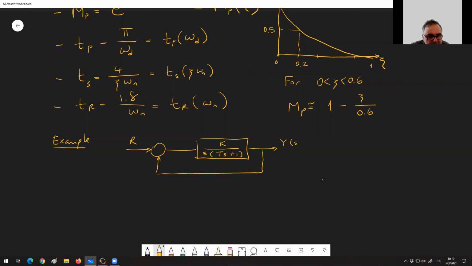This is Y, this is R, this is minus, negative feedback, and this is U. So you have a closed loop system like this one, combining the controller and the system together. This might be a motor control system or something like this. But this system has a response like this one: the closed loop step response, y of t versus t.